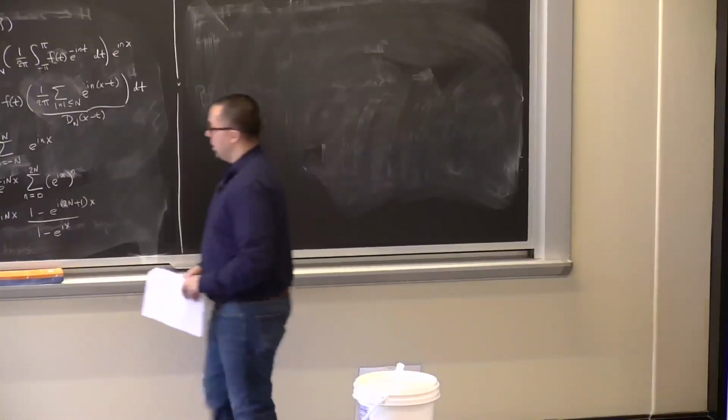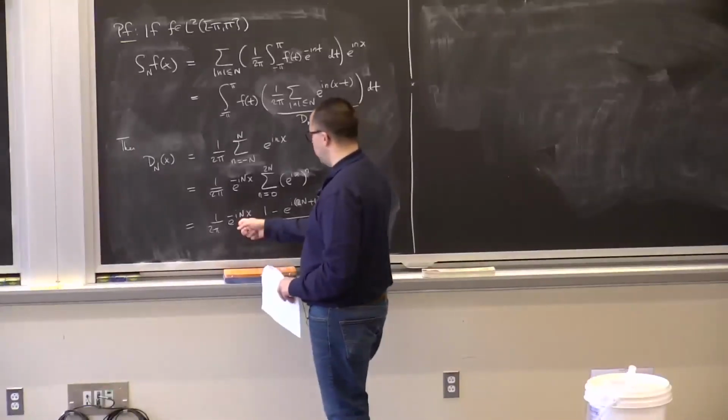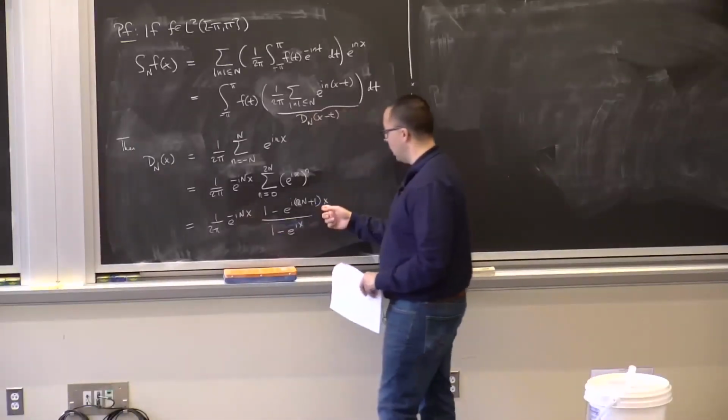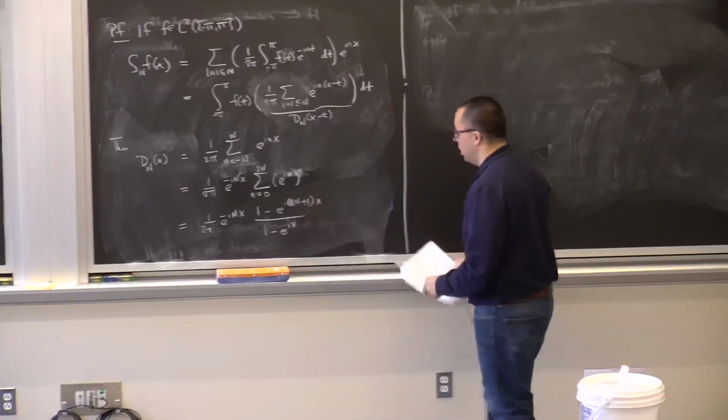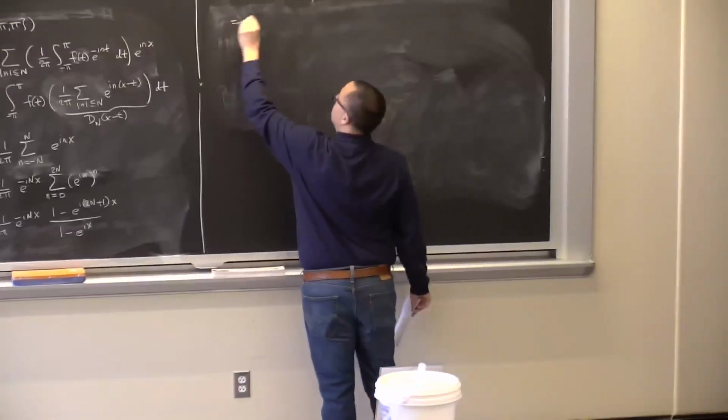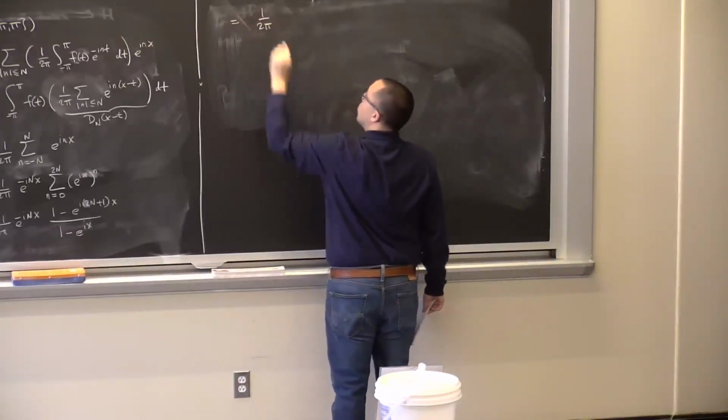Okay, now multiplying through by this e to the i N x, pulling out a half, e to the i x over 2 and distributing that to the bottom, we get that the previous is equal to 1 over 2 pi.